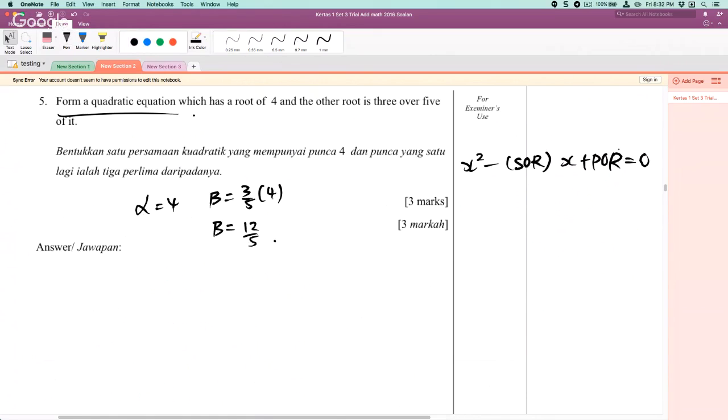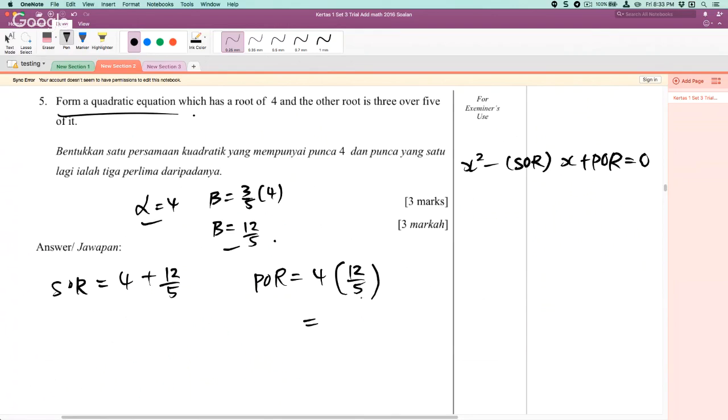So what I can do here is the sum of roots. You know alpha and beta are the roots, right? So sum of roots means 4 plus this one, alpha plus beta. And then we do the product of roots, which means alpha multiplied by beta. This one we will get 48 over 5, and this one, if we sum 20, we will get 32 over 5.